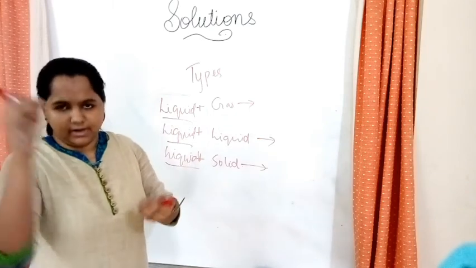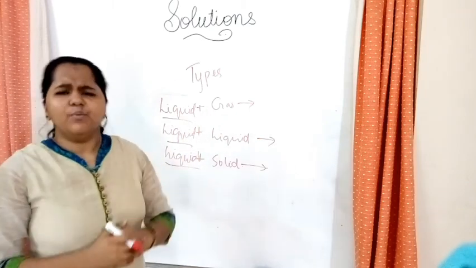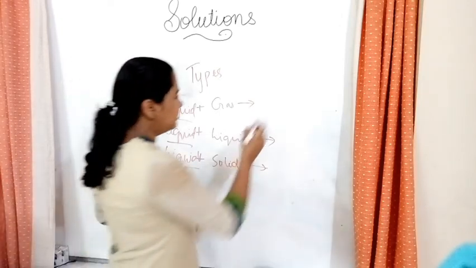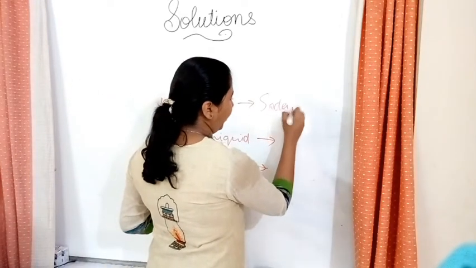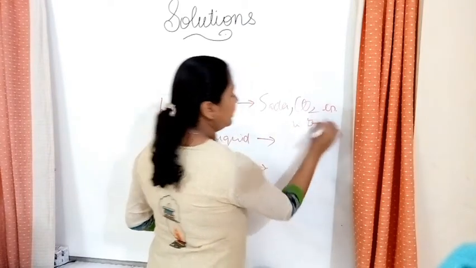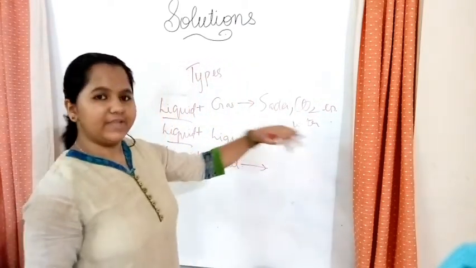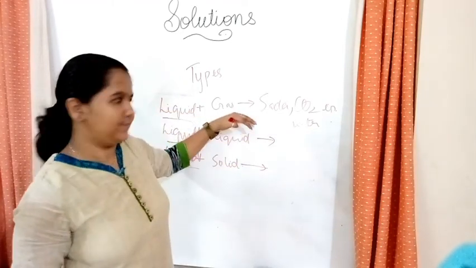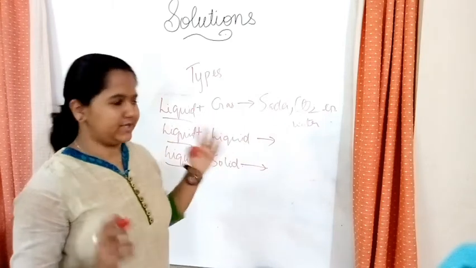We know a very good example: soda, or CO2 in water. So the first example is liquid as solvent and gas as solute, that is soda, or carbon dioxide in water.